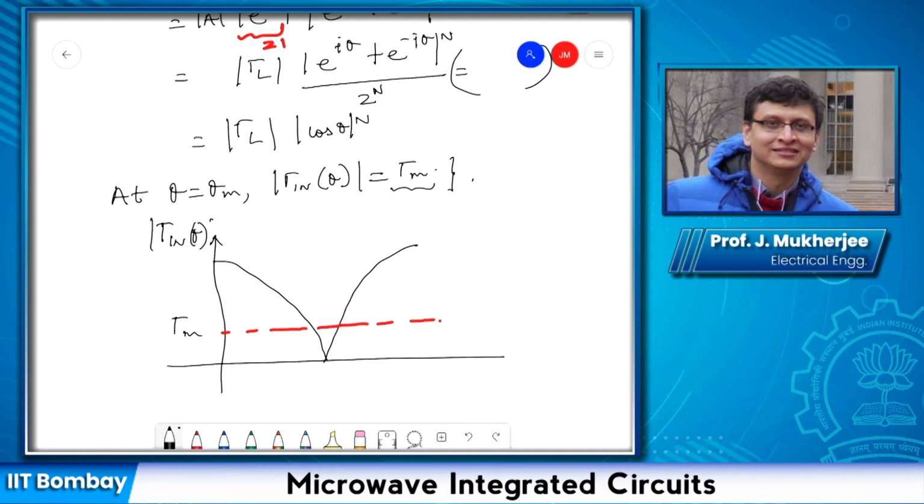This is magnitude, this is theta, this is pi by 2, this is theta m.